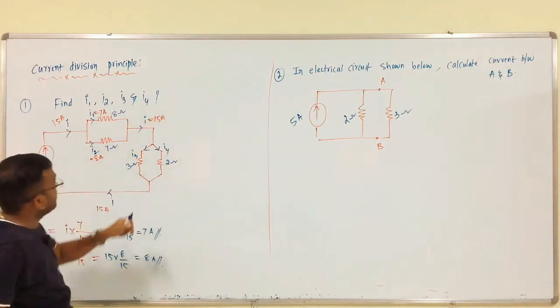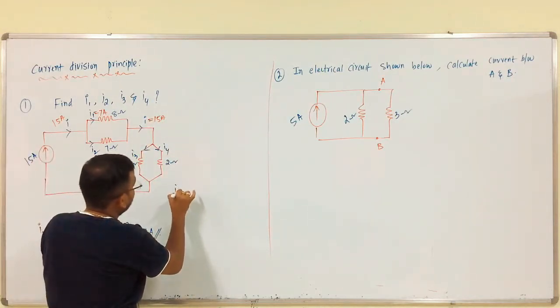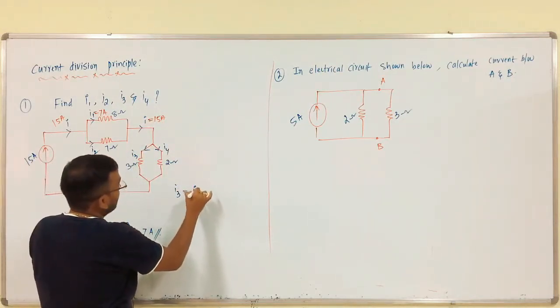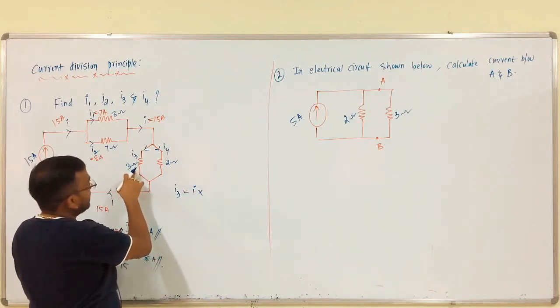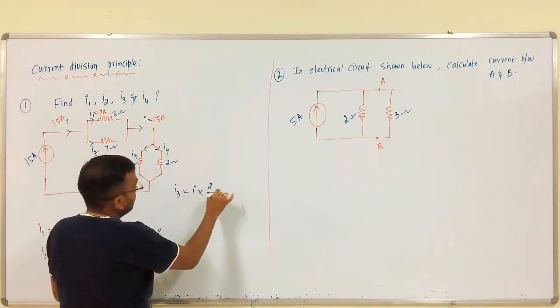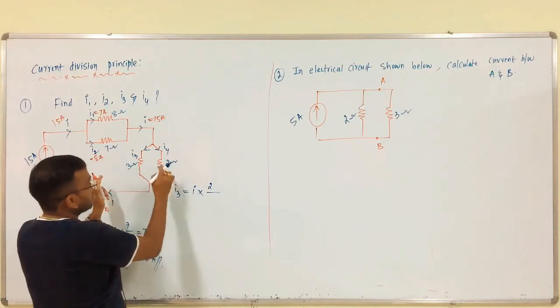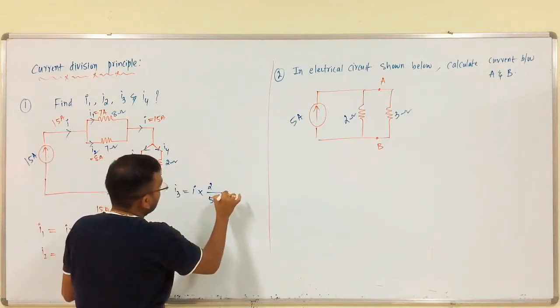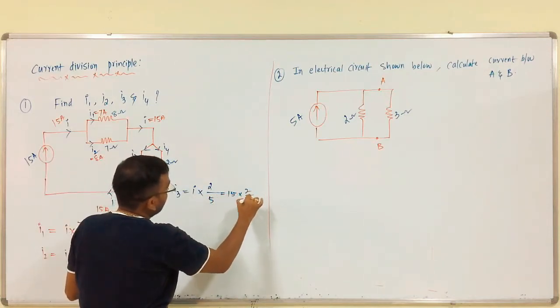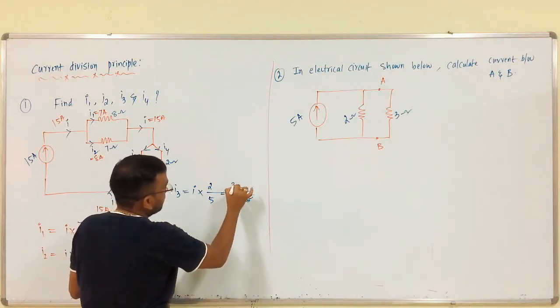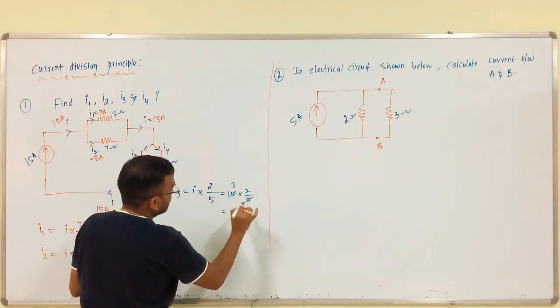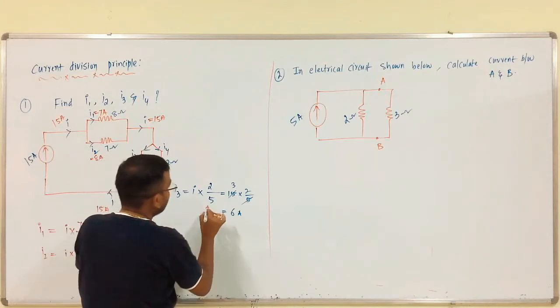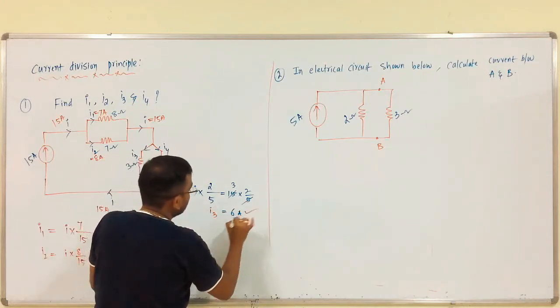Next, I3. To calculate I3, consider the opposite branch resistance, that is 2, by total resistance 3 plus 2, 5, which equals 15 into 2 by 5, that is 3 times 2, which equals 6 amps. I3 equals 6.